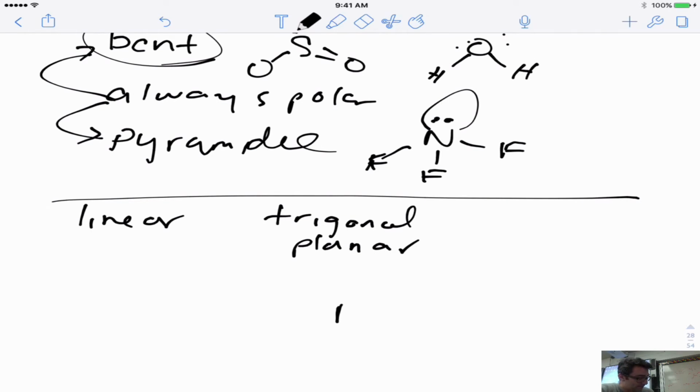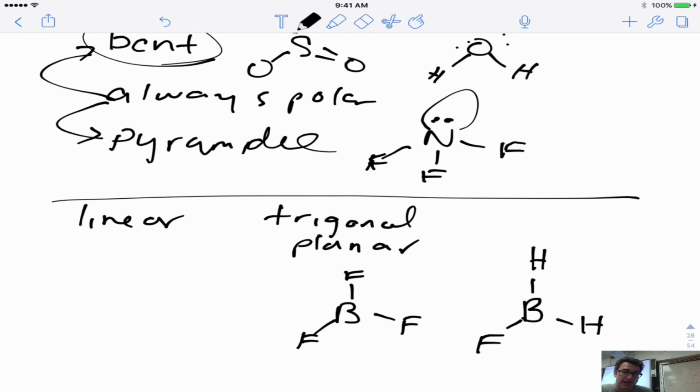We could make a nonpolar molecule like this, or we could take one of those F's off and put H's there and leave one of the F's alone. Now you can see on the left we have a nonpolar molecule, and where we have the H's and the F we have a polar molecule. It's very clear on the left there's that symmetry, on the right there's that asymmetry of charge.